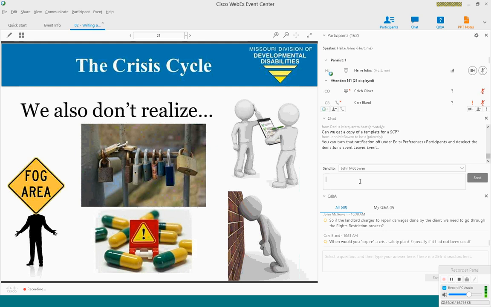A lot of times there's a history of inconsistent implementation of strategies that have already been identified. These are things that we know we're supposed to be doing, but we don't do them very well. We have a tendency when we're training staff on strategies to hand them a piece of paper, have them read it, and call that training.